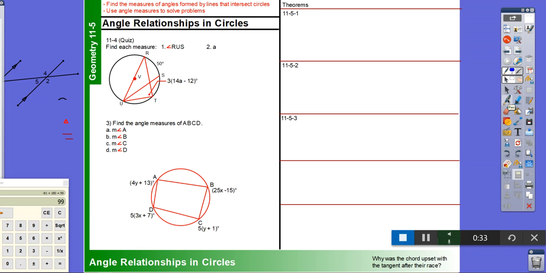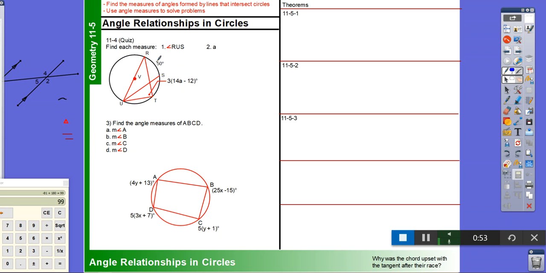All right, so let's take a look at reviewing what we did yesterday. We need to find the angle. Right here, we know that this angle is 90 degrees because it creates this 180 degree arc. So that's 90.